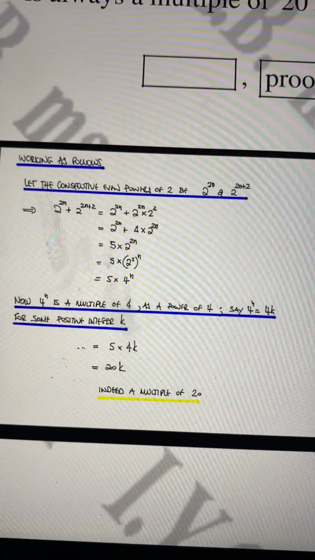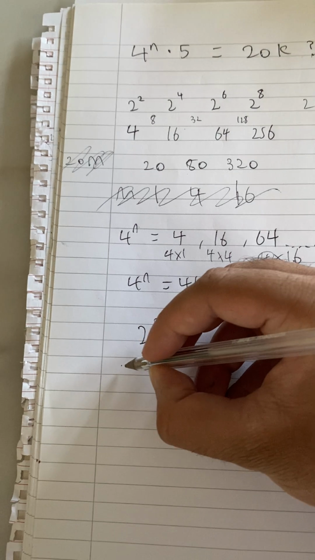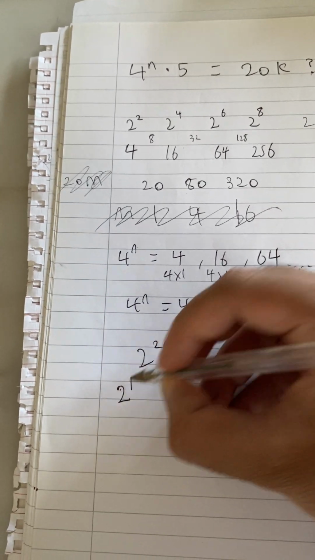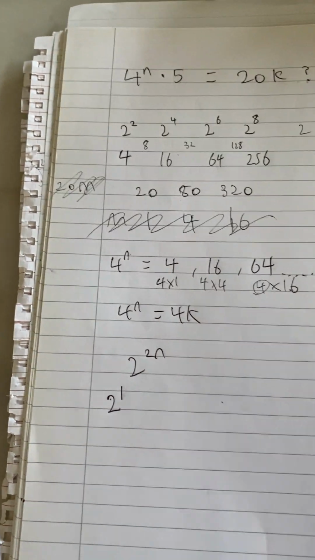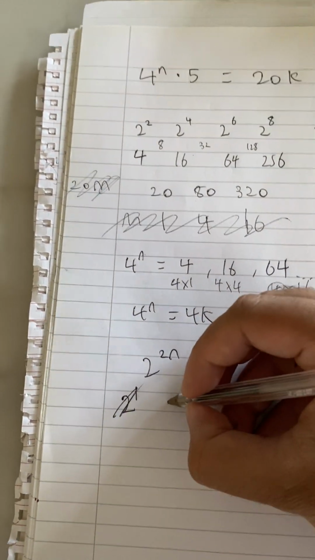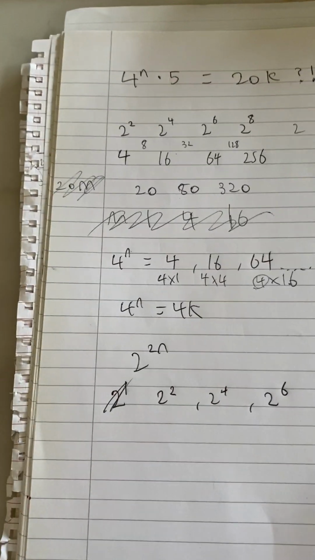So first, let's break down what's the series. Consecutive even powers of 2. So first even power of 2, is it 2 to the 1? That's not an even power of 2. What is an even power of 2? The first one is 2 to the 2, then 2 to the 4, then 2 to the 6.